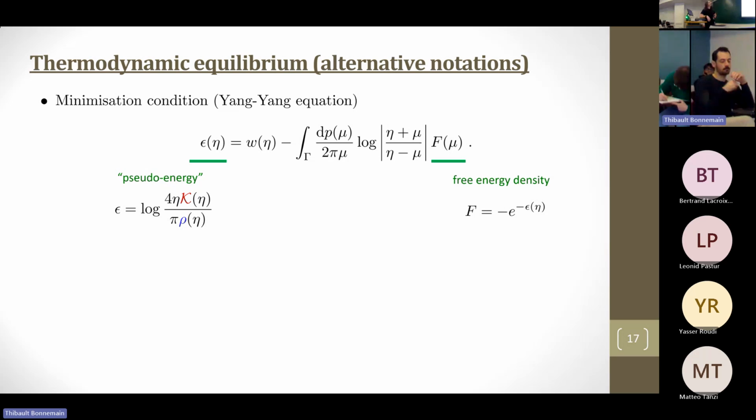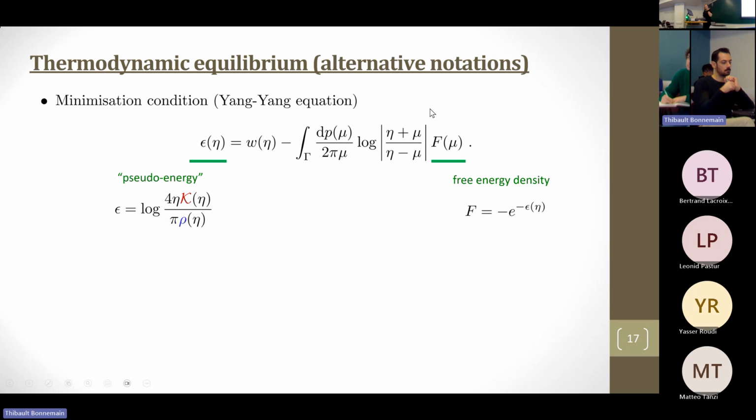Here this epsilon is called the pseudo energy and it's directly related to K and rho. And here you have the free energy density in phase space, which can also be written in terms of epsilon. And the name pseudo energy comes from the fact that if you're dealing with a system with no interactions, then this integral part disappears.